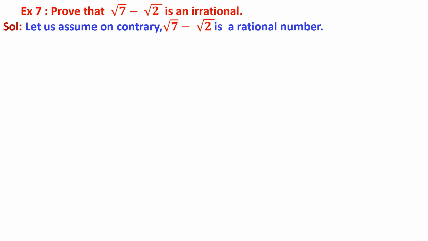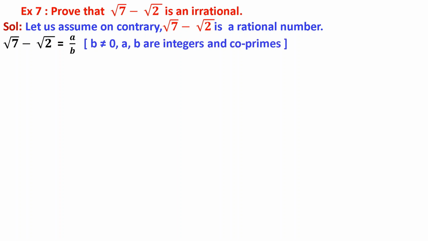A rational number is in the form p by q, but here I would like to express a, b instead of p and q. That's fine. Root 7 minus root 2 is equal to a by b. Conditions first: b not equal to 0, a, b are integers and coprimes.